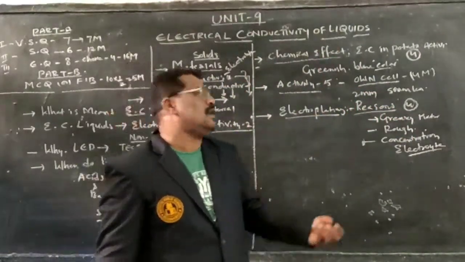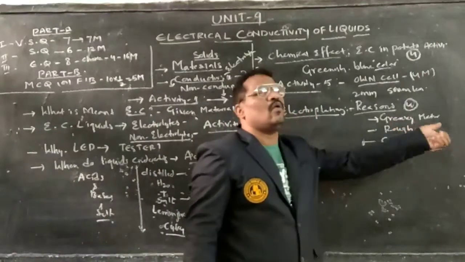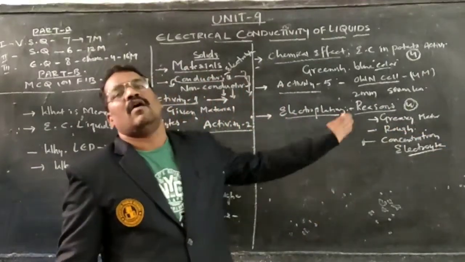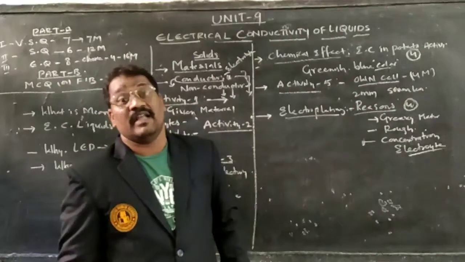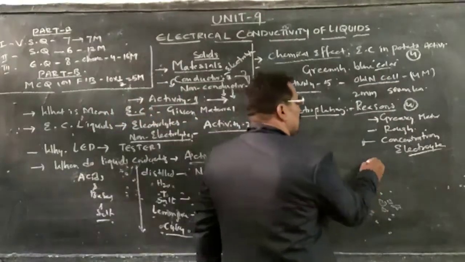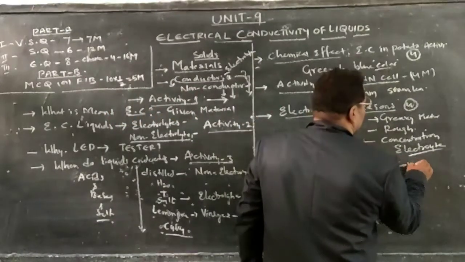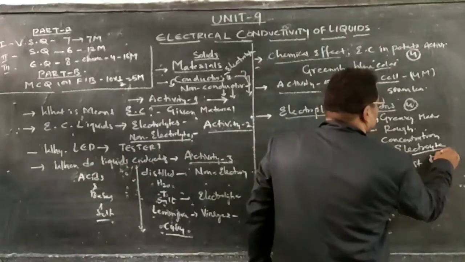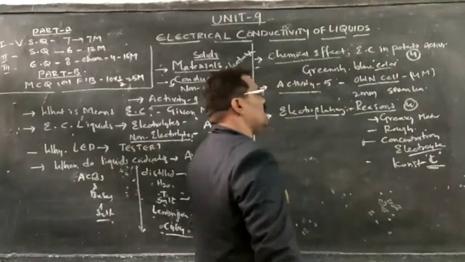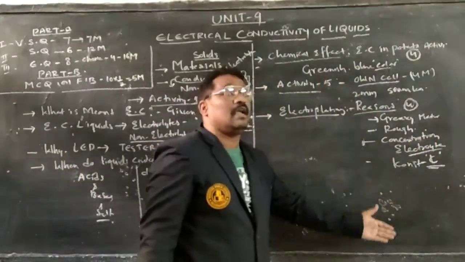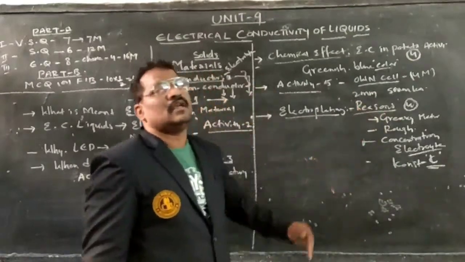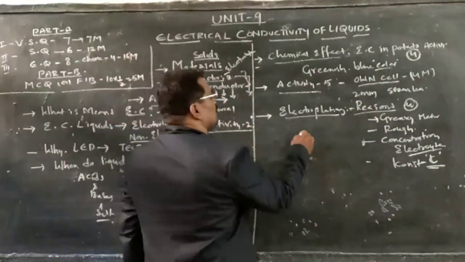If it is high, then only can we coat one metal on another. And the fourth one is constant current. If we supply constant current, then electroplating happens properly. These are the four conditions we have to follow for electroplating.